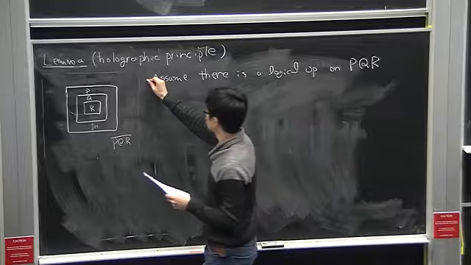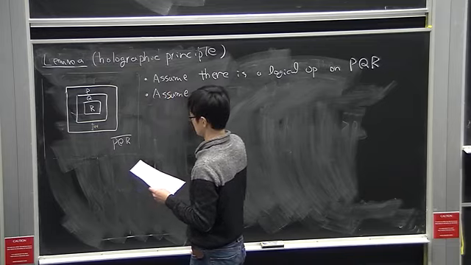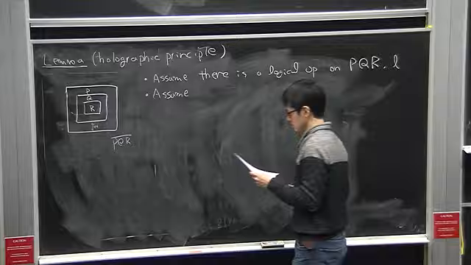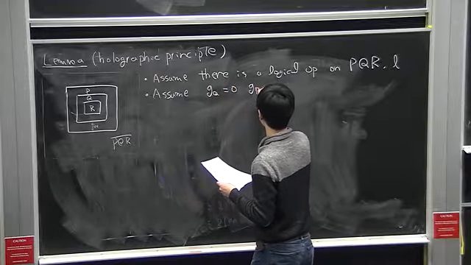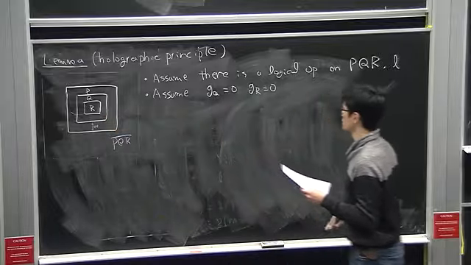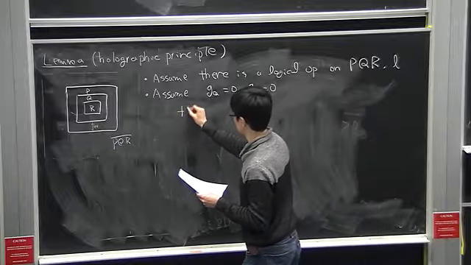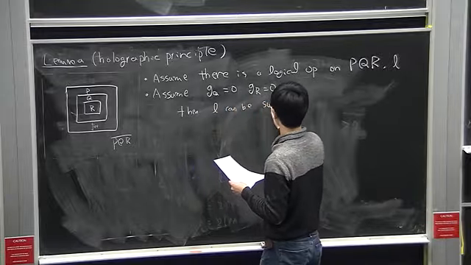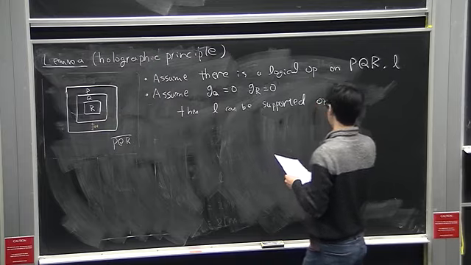Let's call this logical operator L. Let's further assume that the two regions Q and R do not support any logical operator. Then it turns out that it can be supported only on P.